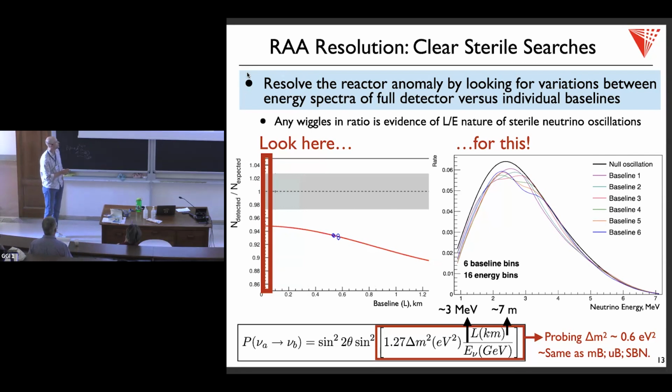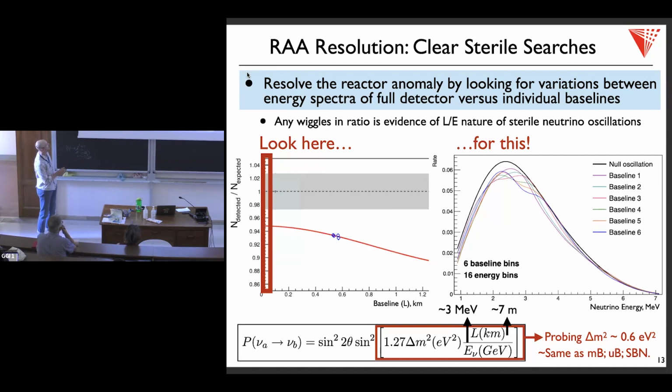Here you can see the energy spectrum of interacting neutrinos, and what you would see if you use a detector that spanned multiple baselines. In this example, you're spanning multiple baselines. If you split your detector into baselines, what you would see is a different neutrino energy spectrum in each baseline for an oscillation pattern.